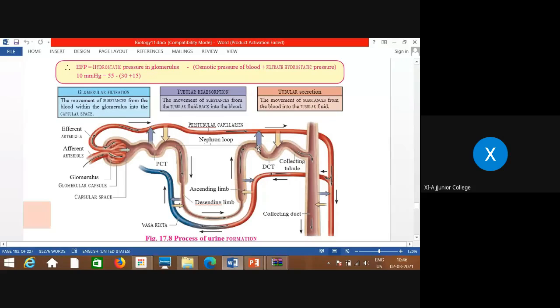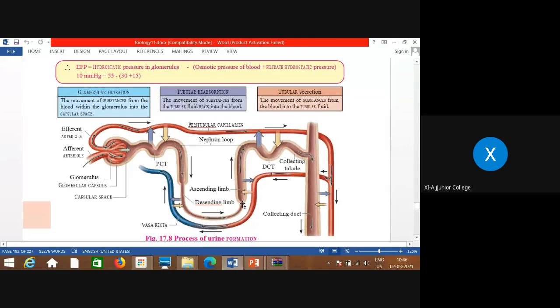When the urine, which is now concentrated, reaches the DCT, water cannot be reabsorbed here, but some substances like urea can be released out, and when required they can be reabsorbed, depending on the concentration of urea, as well as this area being highly covered by blood vessels.